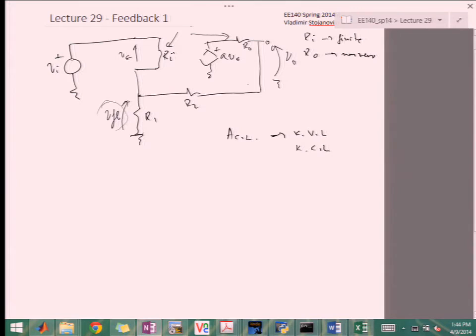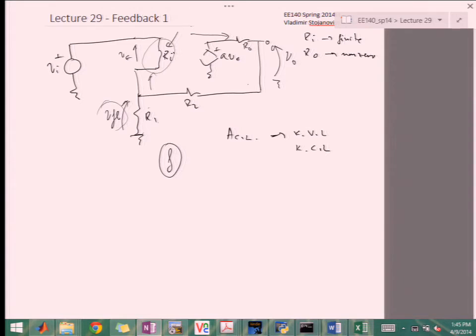Now V feedback is not only R1 over R1 plus R2, but you have some current going through Ri, because Ri is not infinite, right? So the amplifier loading the feedback network is going to change what F is going to be. So it's not as straightforward to analyze what's happening.